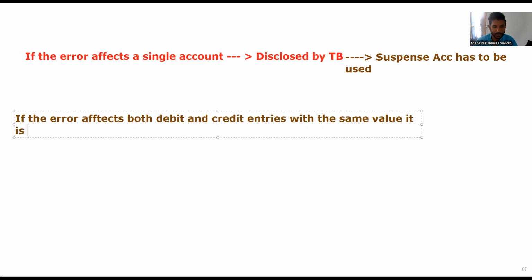It is not shown in the trial balance. Why? Both the debit and the credit entries are affected with the same value. Or maybe it is completely omitted.